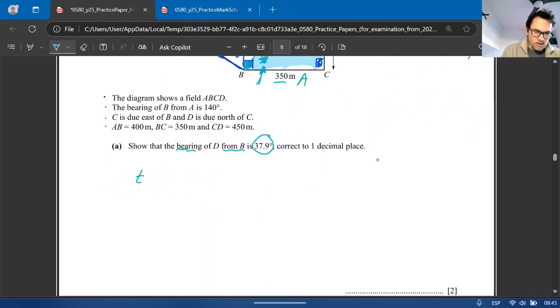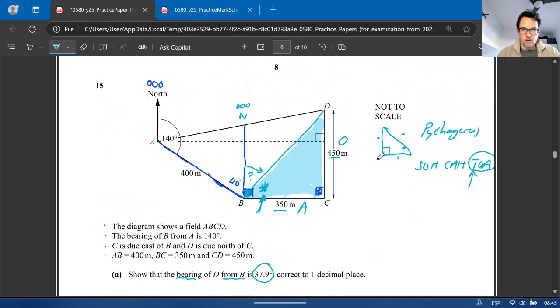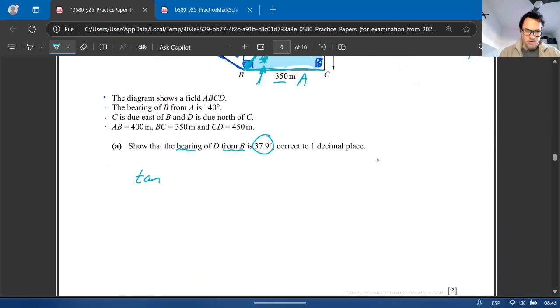Let's write tan and then the angle. We need to label this angle. I'm going to call it angle DBC, or even better, CBD in alphabetical order. Okay, CBD. You can label it X or Y or whatever.